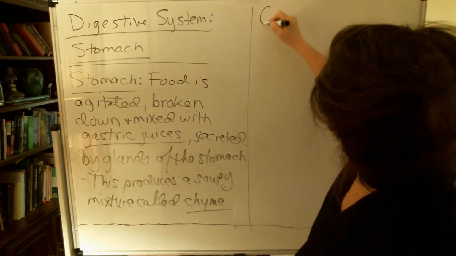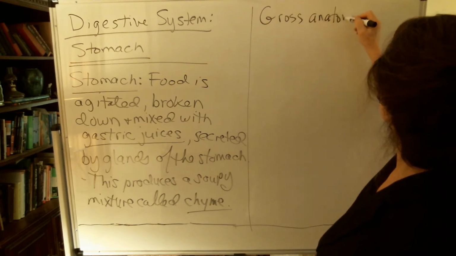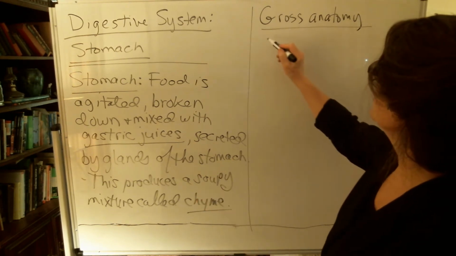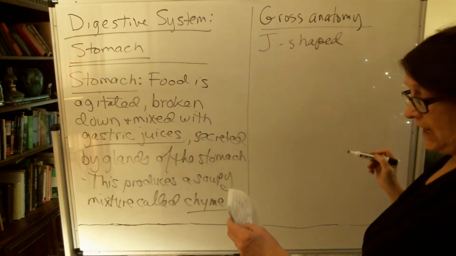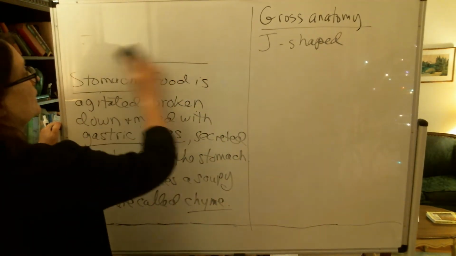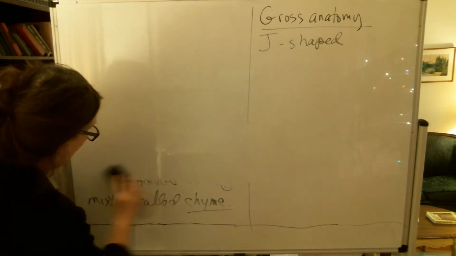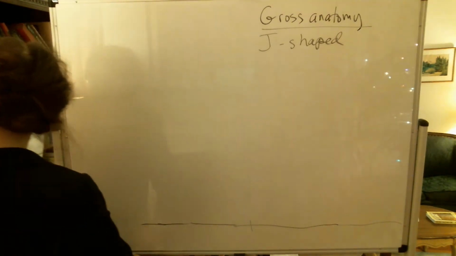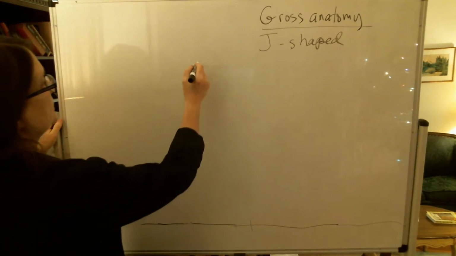Okay, so getting on then to the gross anatomy of the stomach. First of all, the stomach is kind of a J-shaped organ. So let's draw this over here then. All righty. So let's do this.